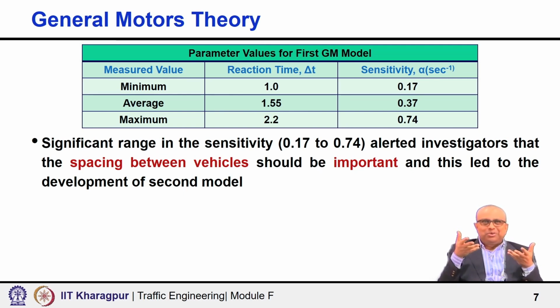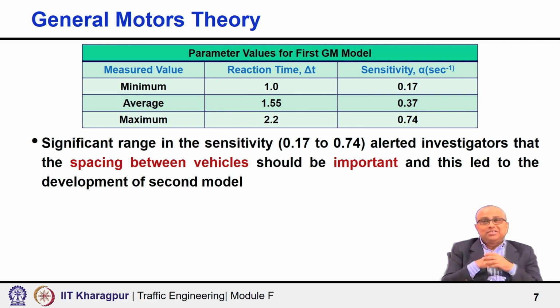and it came out that the sensitivity is also a function of the speed, the spacing of vehicles. The sensitivity is also a function of the spacing between two vehicles. When two vehicles are closer and when these two vehicles are at a reasonable distance, the sensitivity is not the same.